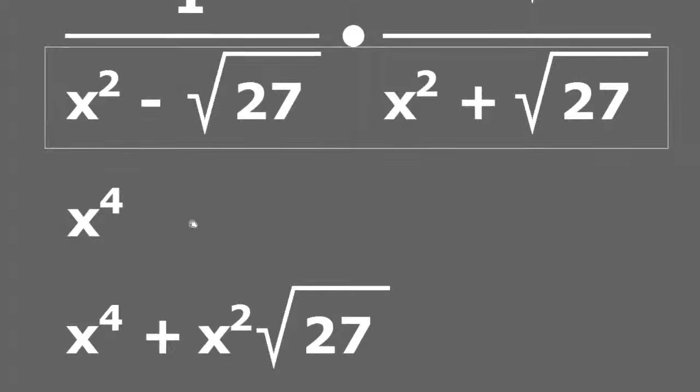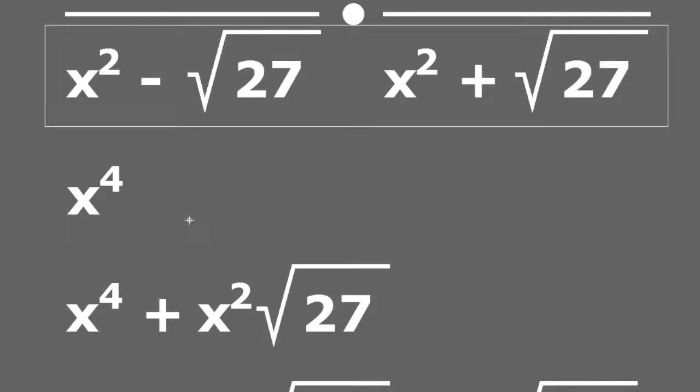Now, the second step in the FOIL method is to multiply the terms that are on the outside. And the terms that are on the outside are x squared and positive square root of 27. So that is this term right here, the multiplication of the outside terms: x squared multiplied by positive square root of 27.